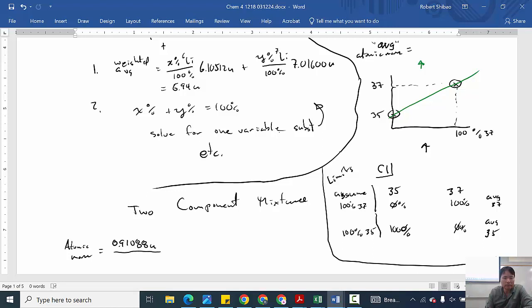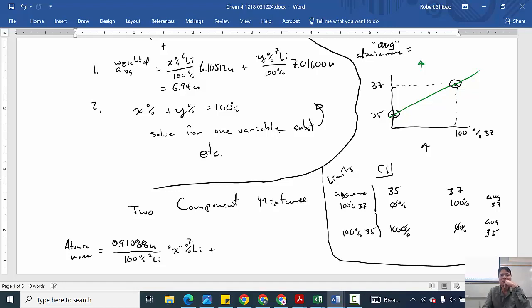We could do it either in terms of percent lithium 6 or lithium 7. I chose lithium 7 because then that gives me a positive slope again. And then this is going to be the slope times what we'll call X percent lithium 7 plus the intercept.